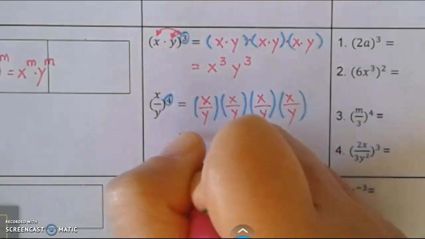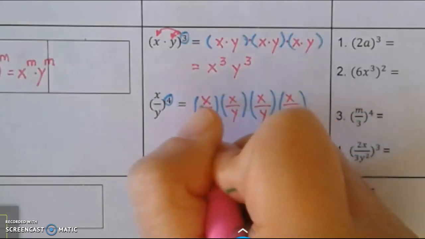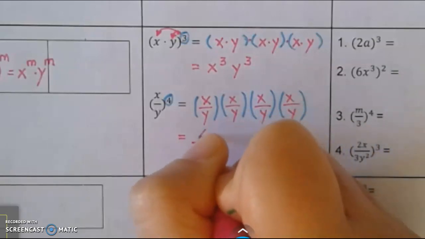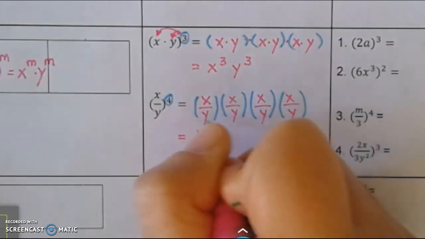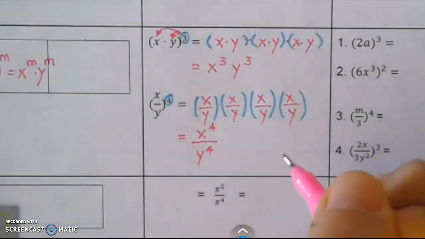And when you're multiplying fractions, we always multiply across. So in the numerator, x is being multiplied to itself 4 times here. And in the denominator, the bottom number of the fraction, y is being multiplied 4 times here as well.